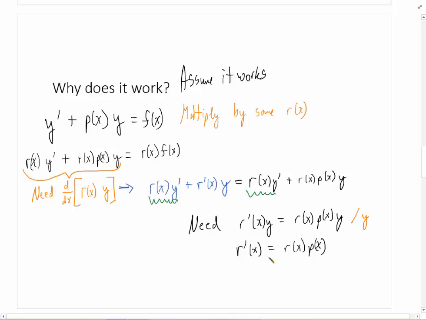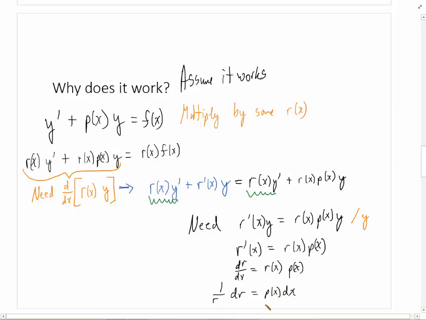And so now I can separate the variables here. Remember that r prime of x is dr dx. So I have dr dx is equal to r of x p of x. And so I have 1 over r dr is equal to p of x dx.